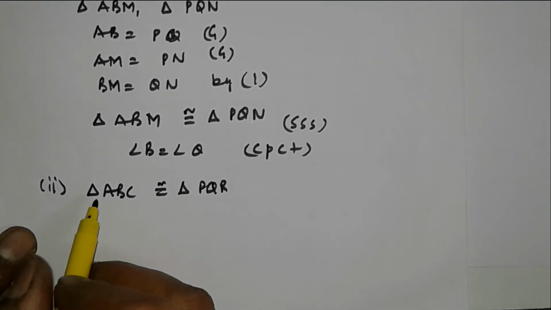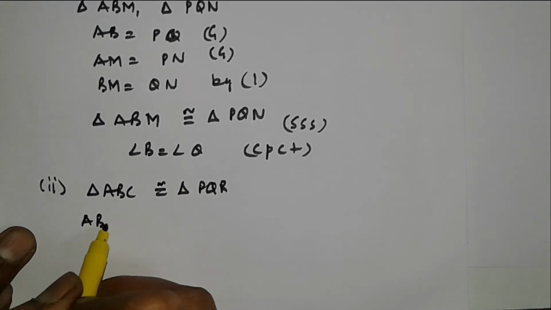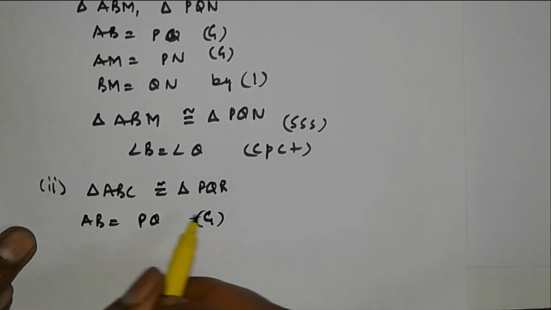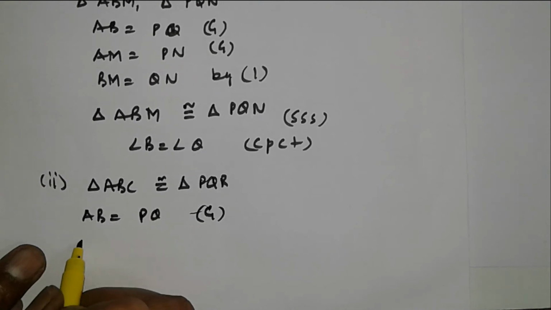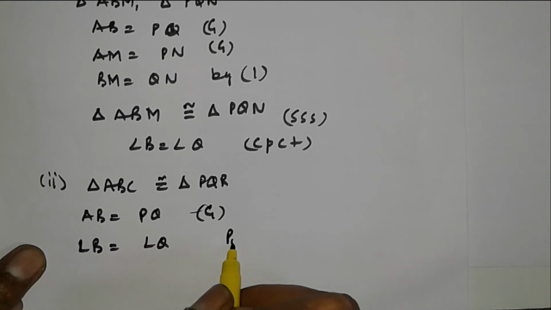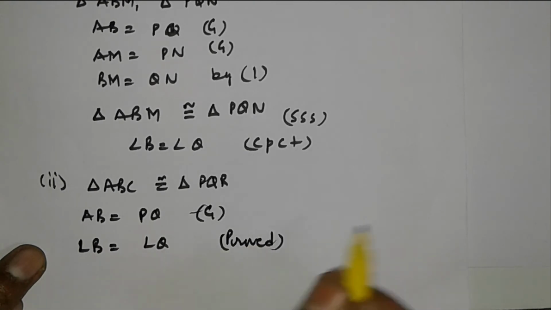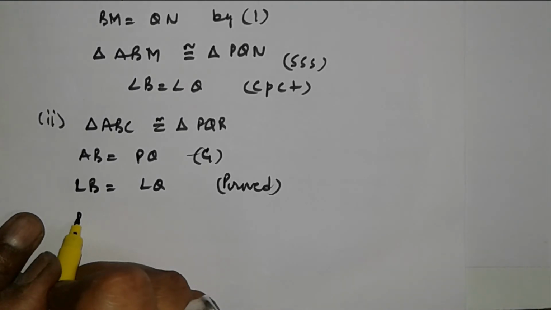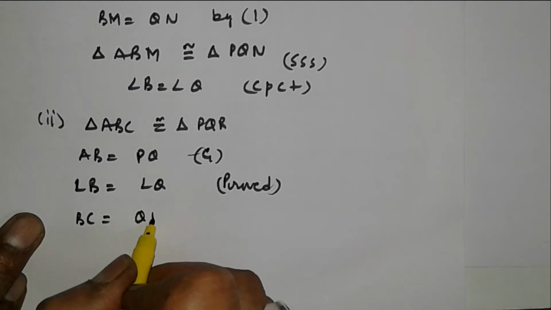So here you can say that AB is equal to PQ, it is given, and angle B is equal to angle Q, it is proved, and the third part we can take here is that BC is equal to QR, it is also given.